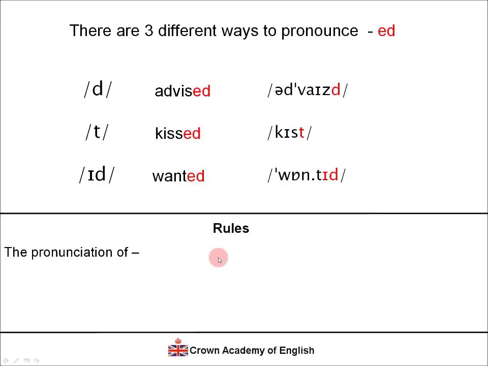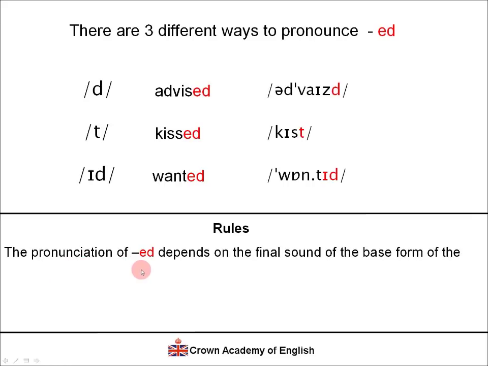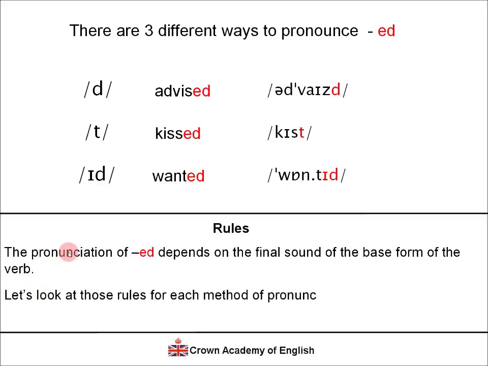Well, the pronunciation of the ED ending depends on the final sound of the base form of the verb. Okay? And that's what we're going to look at now. So let's look at the detailed rules for choosing the correct way to pronounce it.